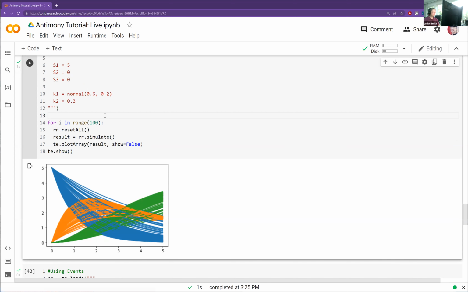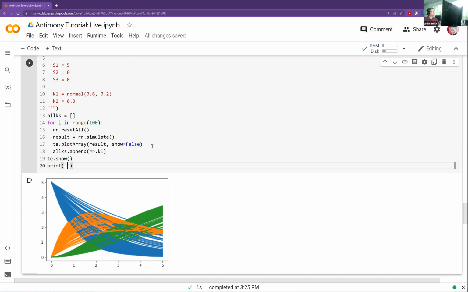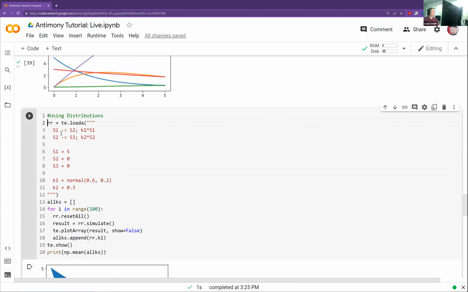And if we collect this, all ks equals this, and let's say all ks and k1, and print all ks. Then we have to import matplotlib here.